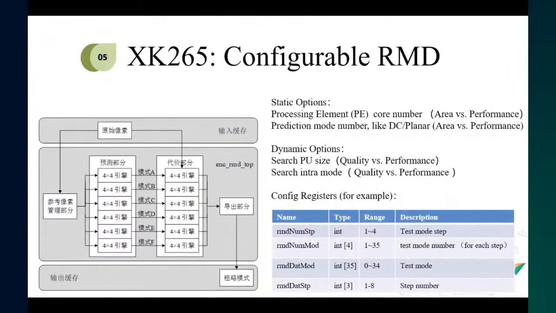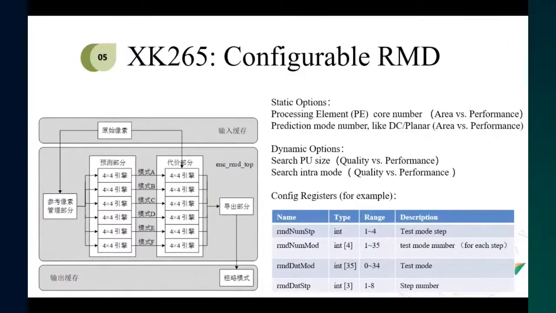And for each module, we provide many configurable options, and all of these options can be classified into two kinds. The first is static options. The static option means that when you configure the options, the real hardware circuit will be changed based on these options.